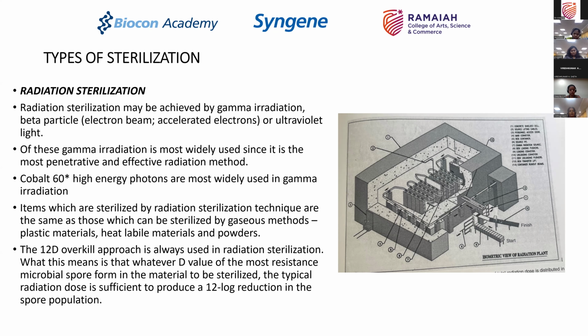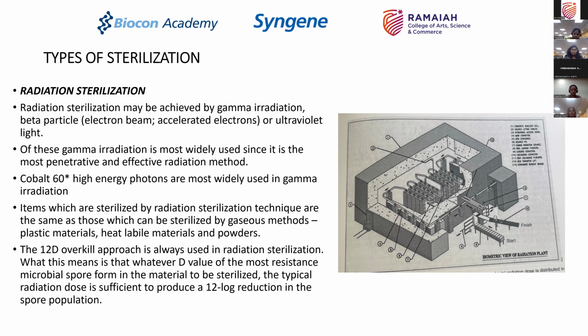The items which can be sterilized by the radiation sterilization technique are the same as those used for gaseous methods, which is heat labile materials, powders, plastic materials, anything which cannot withstand heat as the choice of sterilization method. We did a sterilization decision tree some time back. On that decision tree, we had options of which kind of sterilization we can use.